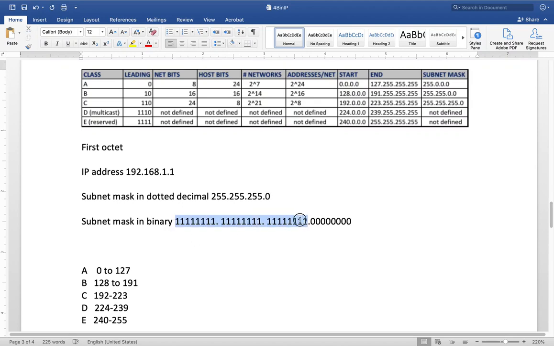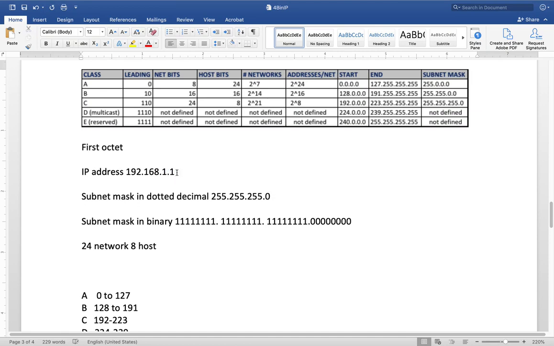Basically, the ones are network bits and the zeros are host bits. So the first 24 bits are the network bits, and the last 8 bits are the host bits. If I look at this IP address, the first 24 bits identify the network part and the last 8 bits identify the host part.